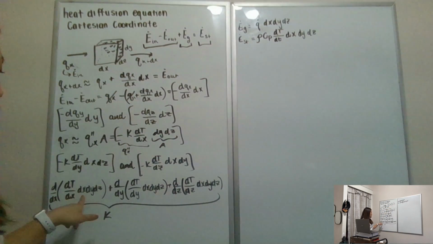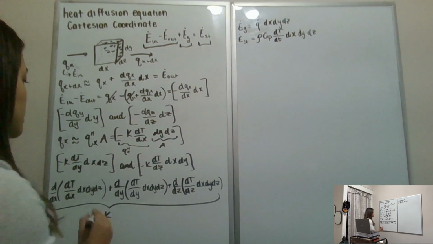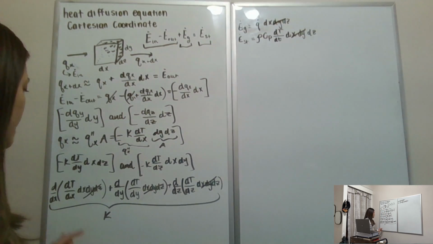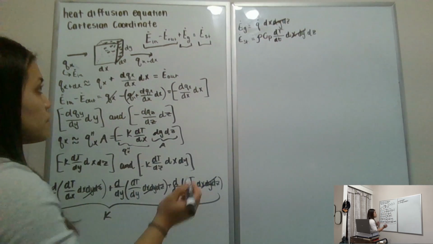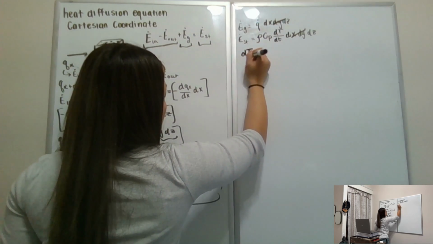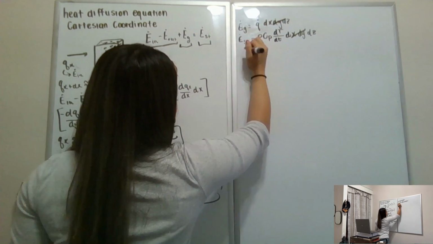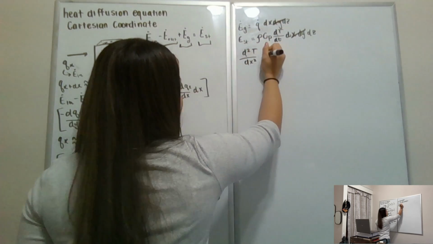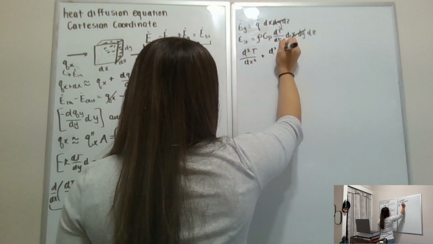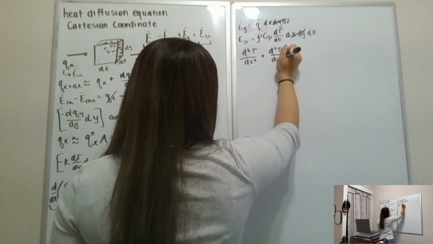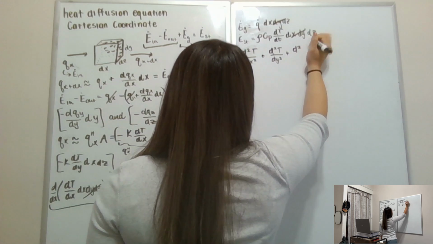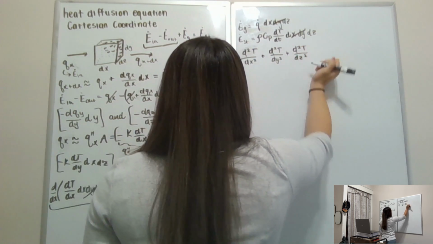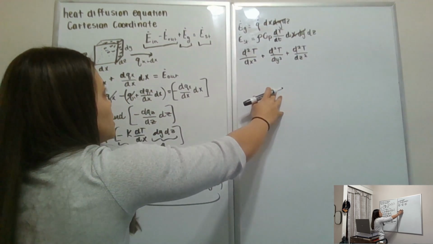If we look at them, they all have dx, dy, dz, so those will all cancel out. Then we'll be left with the second derivative of temperature with respect to x plus the second derivative of temperature with respect to y plus the second derivative of temperature with respect to z. That's our energy in minus energy out.